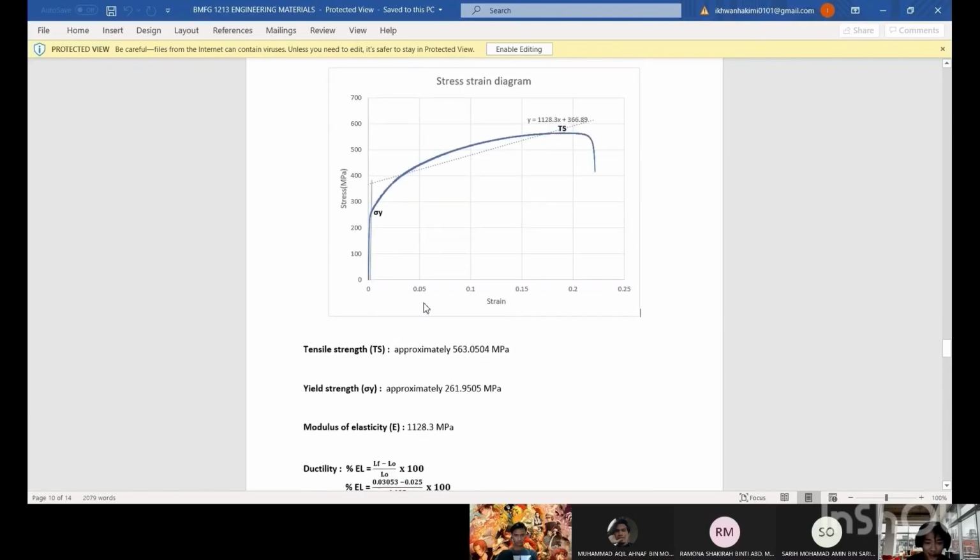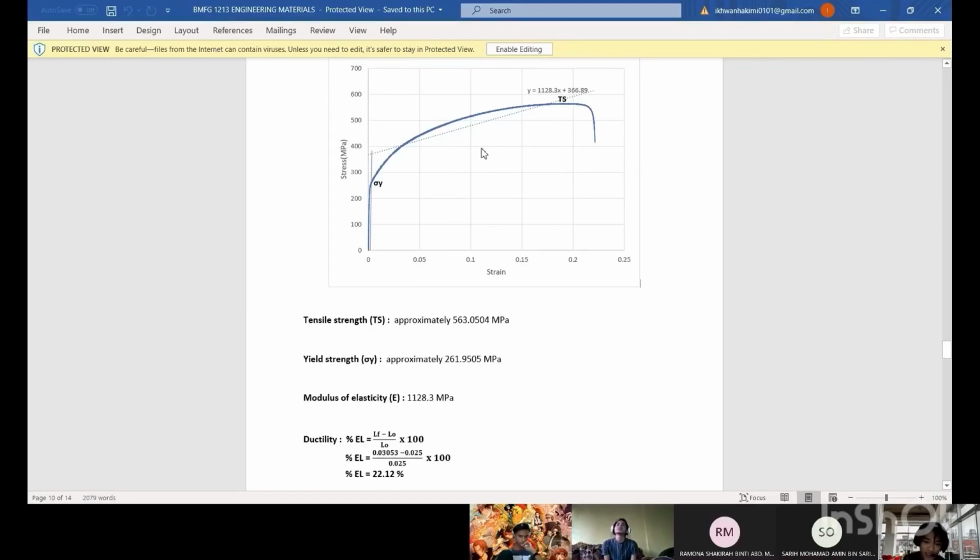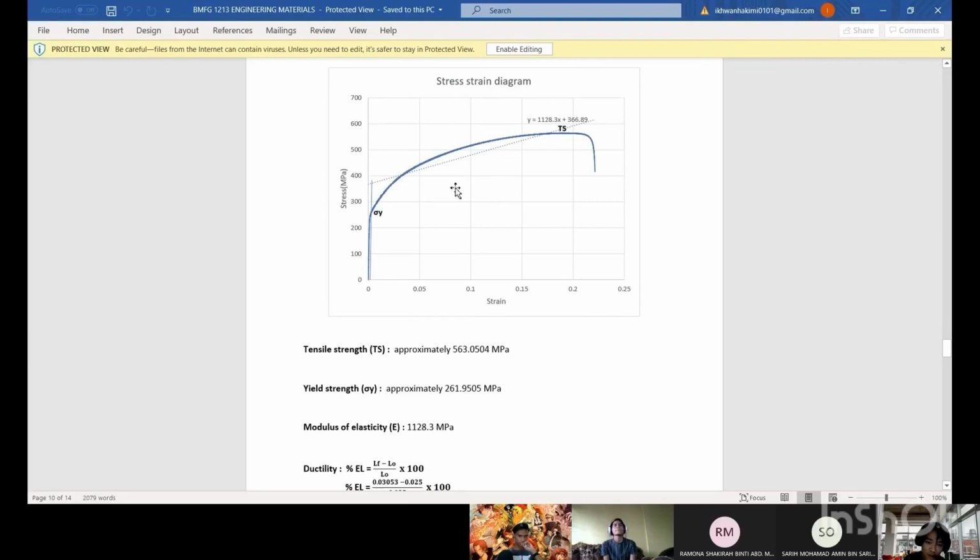And next, we need to find the modulus of elasticity, E. From the diagram, we know that modulus of elasticity is stress over strain. So E is the gradient of this diagram. The equation is y equal to 1128.3x.